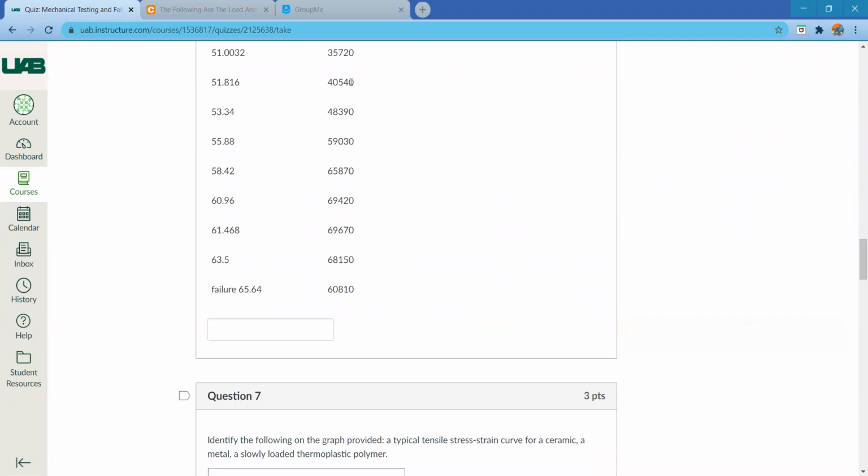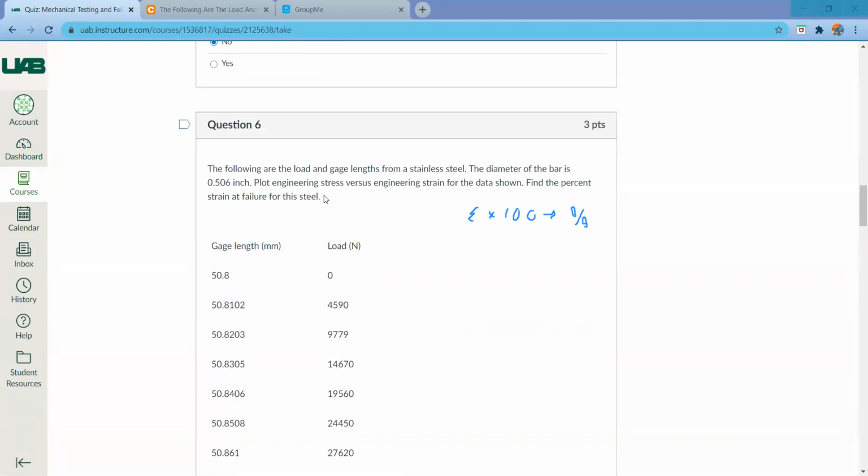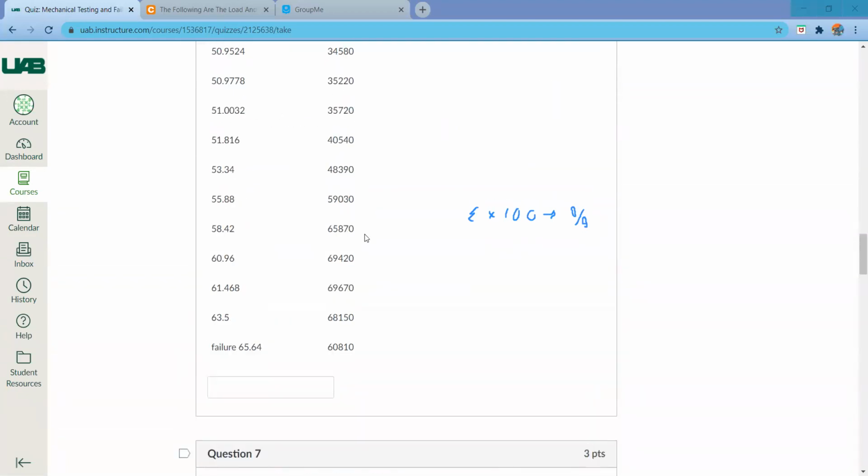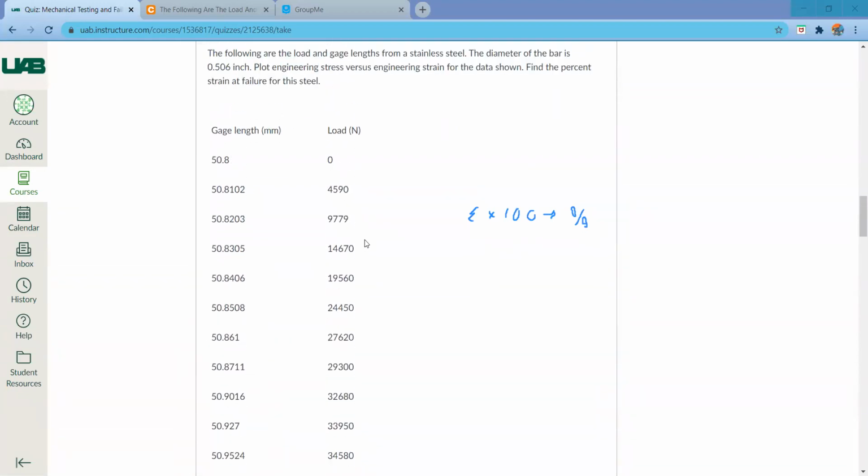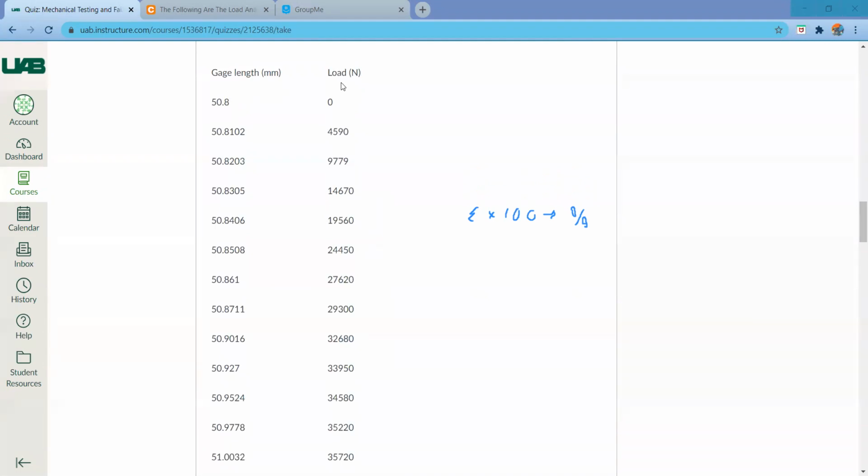So what that means is it's going to be our calculated strain times 100 to get it to a percent. So at failure, our gauge length is 65.64, and initially it was 50.8.